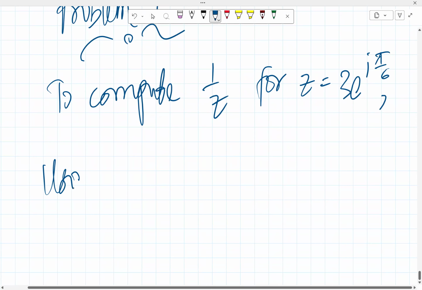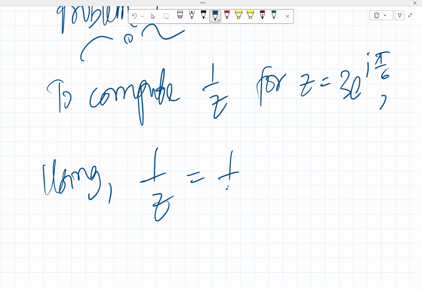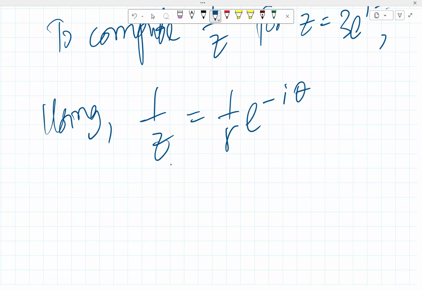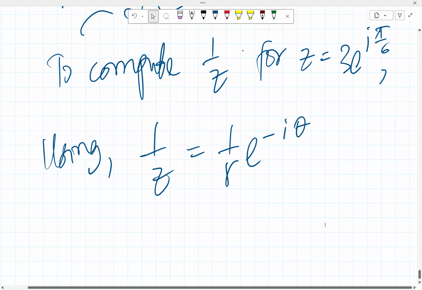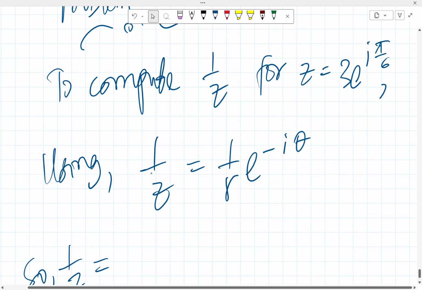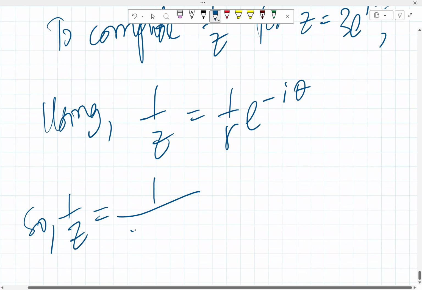So using the idea that 1 over z is equal to 1 over r e raised by minus i theta, what happens? It means we have, so we can say 1 over z now is 1 all over 3e raised by i pi over 6.